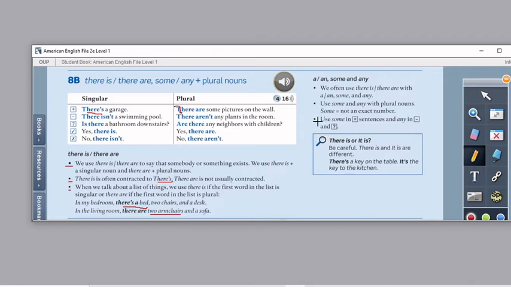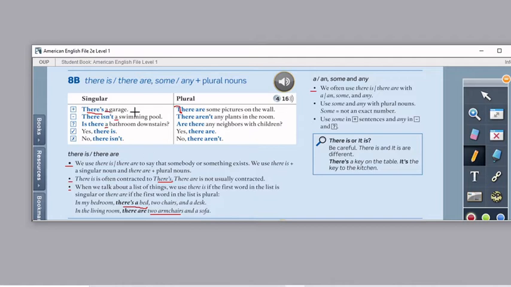Now, let's go to a, some, any. We often use there is, there are with a, some, and any. Let's see. We use a in singular, affirmative, negative, and interrogative sentences.